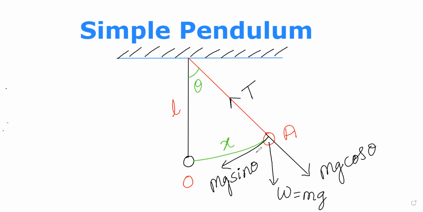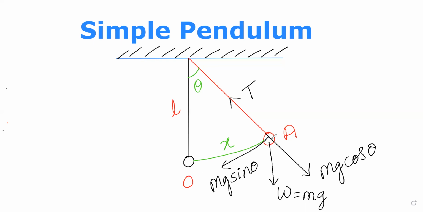Here we have to observe that when the pendulum is displaced from O to A, that is x, due to inertia it will return to the original position O, because of the restoring force.